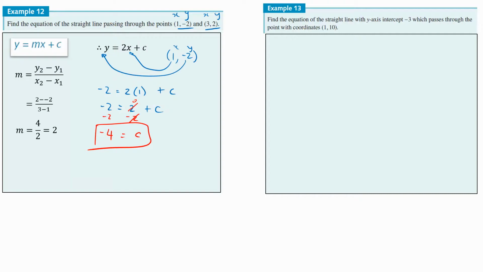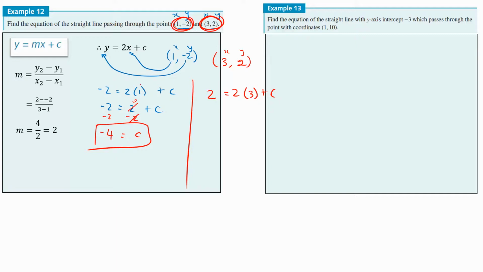Now let's show that it doesn't matter which coordinate I chose. The first one I chose was 1 and negative 2, and I got c equals negative 4. Let's say you chose when x is 3, y is 2 instead. My equation would be 2 equals 2 times 3 plus c.